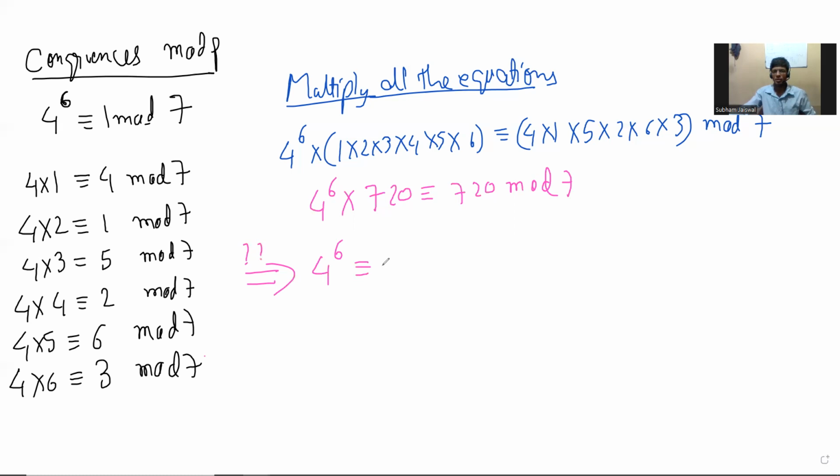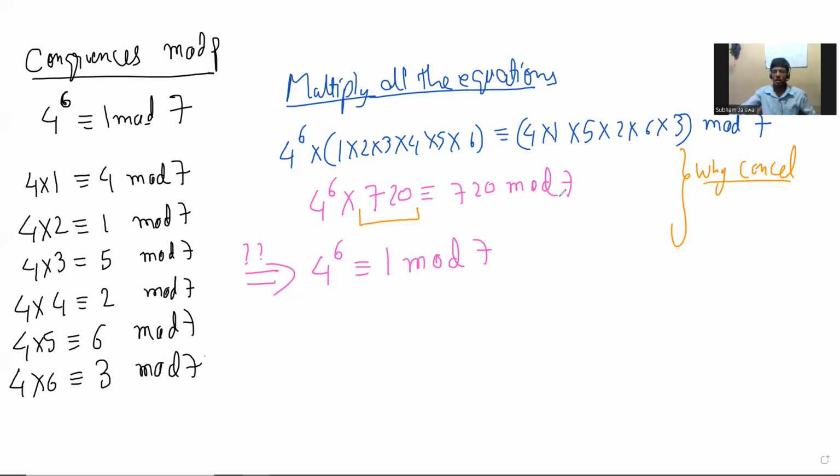That is something that we should explain. Why can we cancel 720? That is something that we have to explain, so that we learn these formal things also.